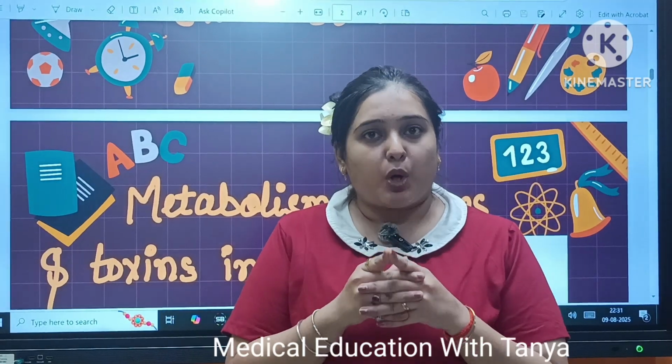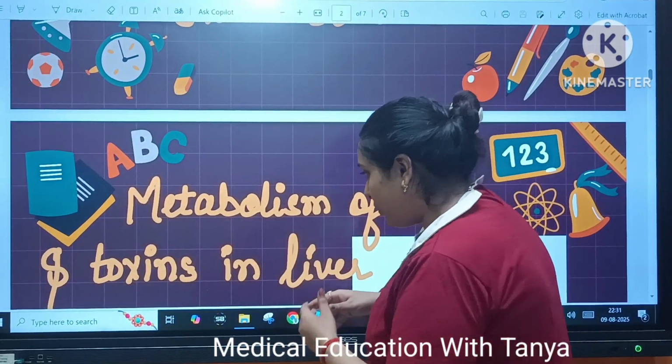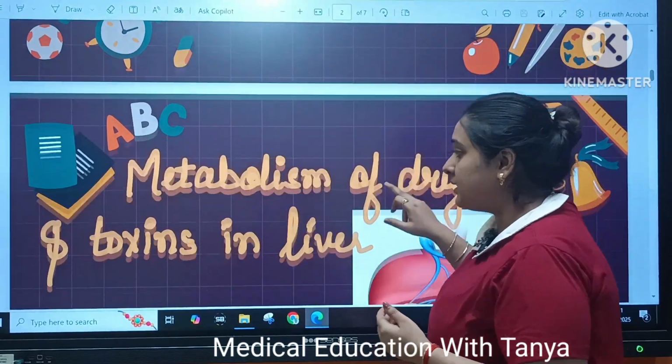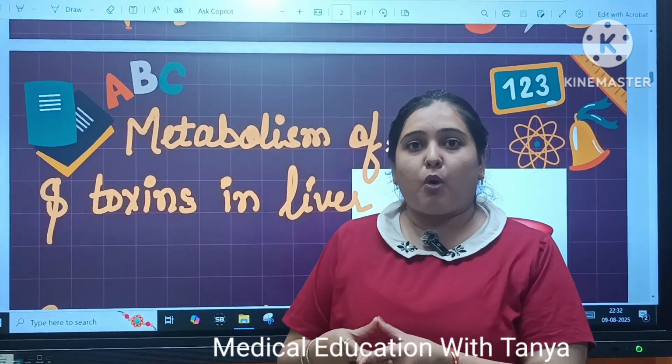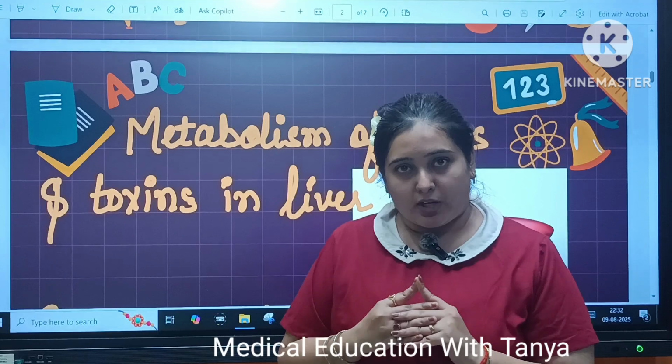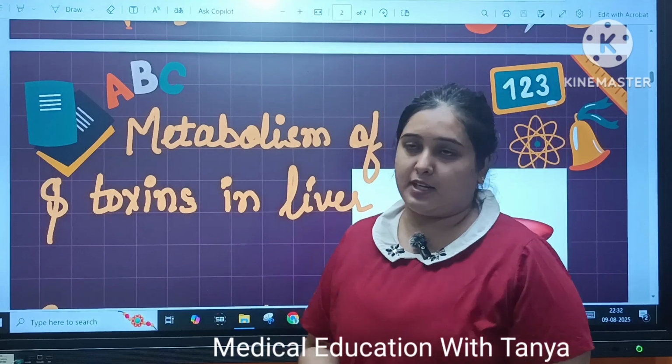Basically I am talking about oral drugs. They are generally metabolized by the liver, and hence it will also release toxins, because all medications have a therapeutic effect as well as toxic effects. In order to get a desired effect on our body, each and every drug will show a reaction in the form of toxicity.